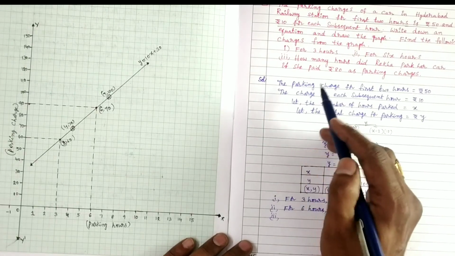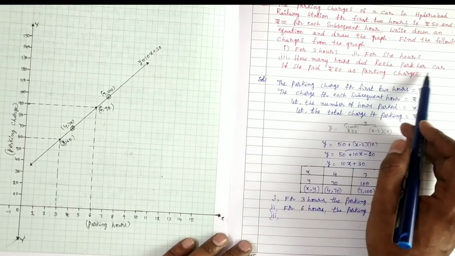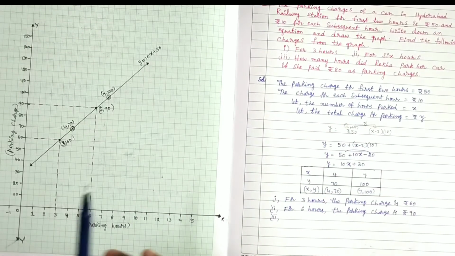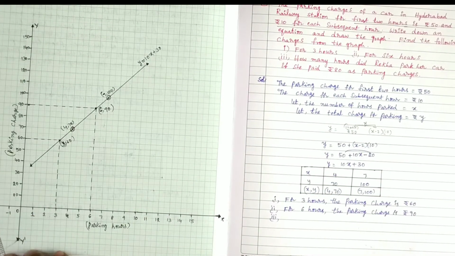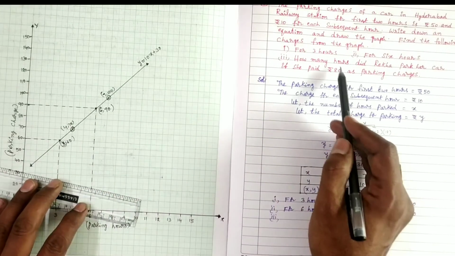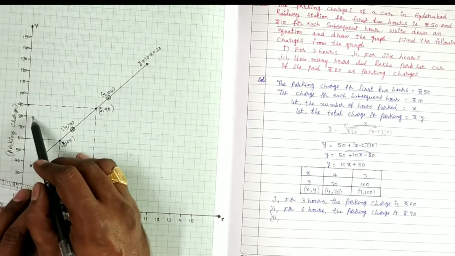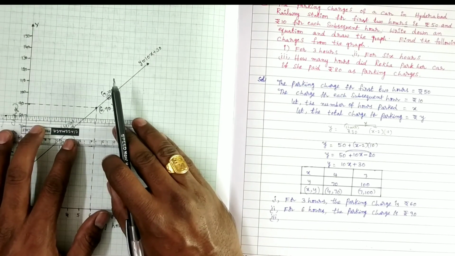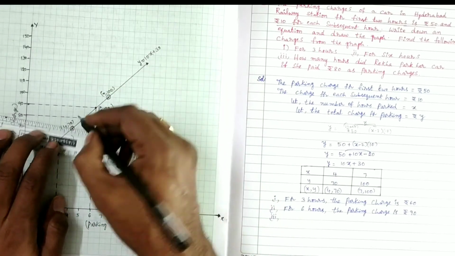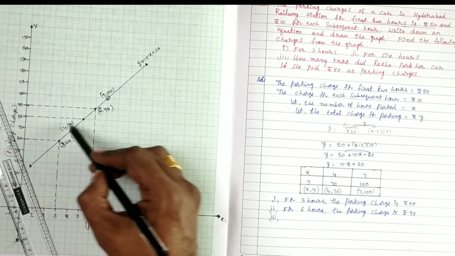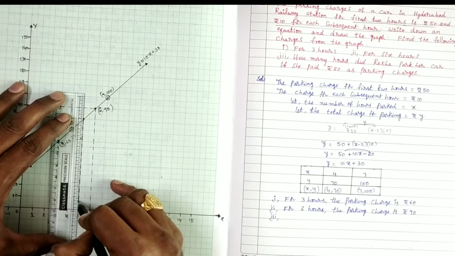Third question is, how many hours did Rekha park her car if she paid rupees 80 as parking charges? So let us observe this parking charge is 80 rupees. Draw a dotted line to the graph, and draw a perpendicular line to this line.